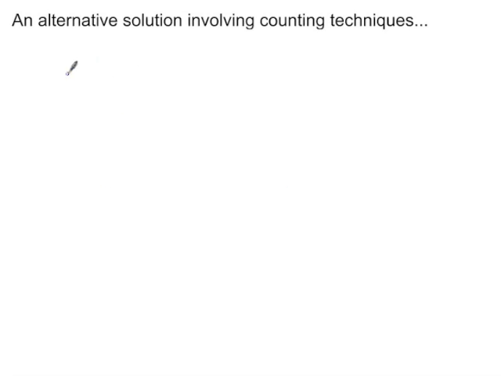The total number of ways of selecting 4 components from the 100 is 100 choose 4. Now, if we want to know the probability that there are no faulty components, then from the 5 faulty components, we're choosing none of them, and from the remaining 95, we're choosing 4 components.